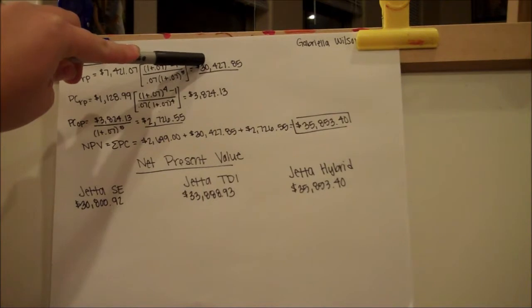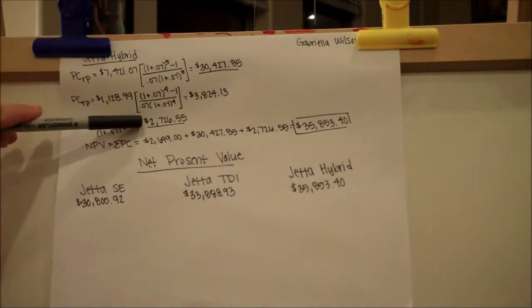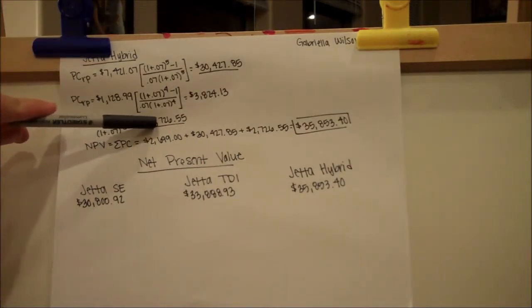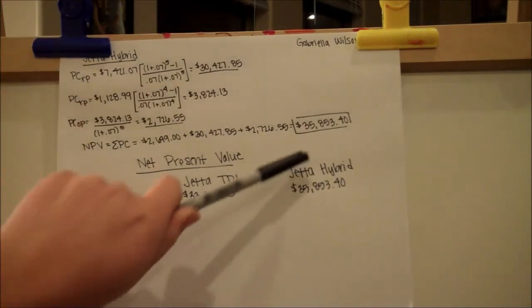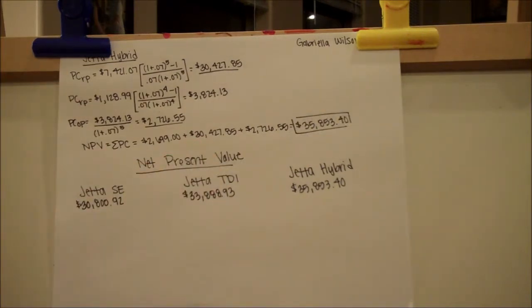We will add our down payment plus $30,427.85 plus $2,726.55. That value is $35,853.40.